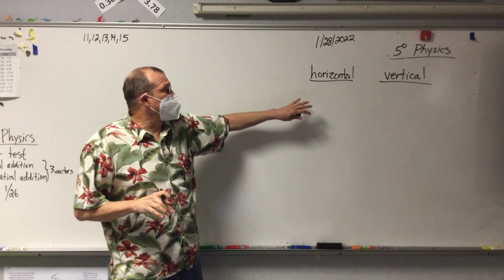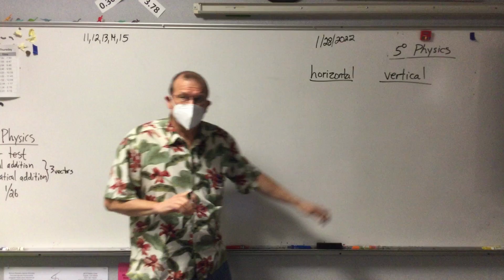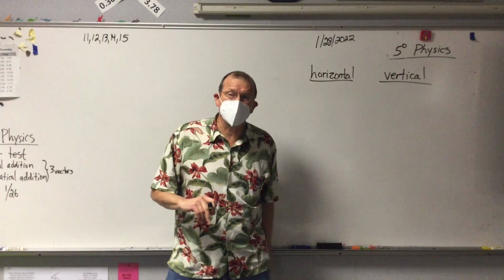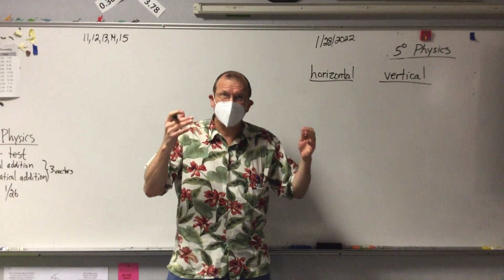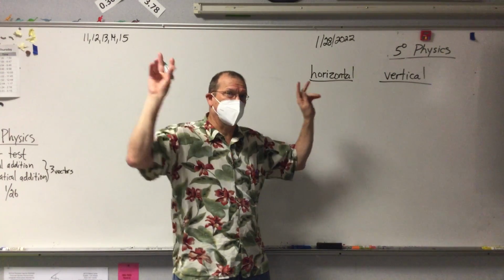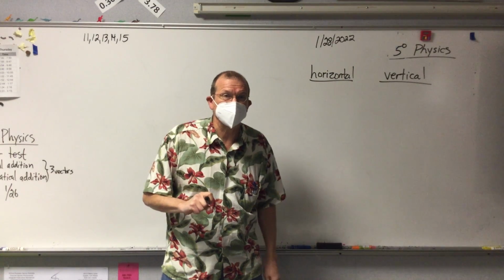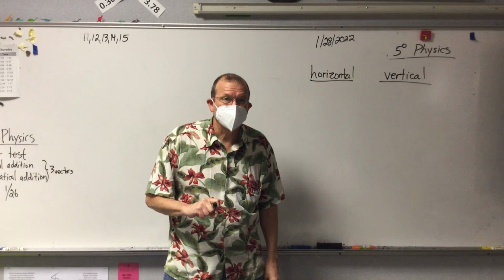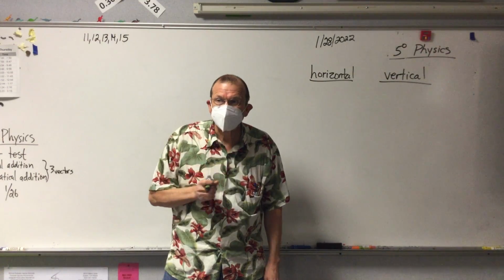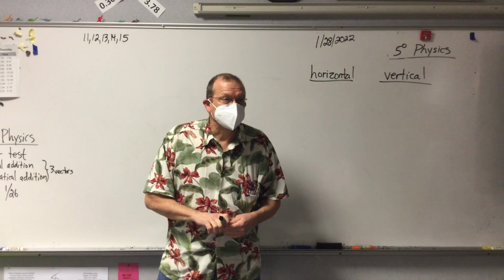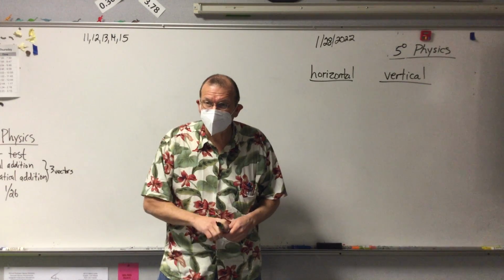As far as projectile motion basics go, if somebody asked you what's the difference between what's going on vertically and horizontally as an object flies through the air, what would be the main difference between the two dimensions? I'm waiting. Okay, X and Y?